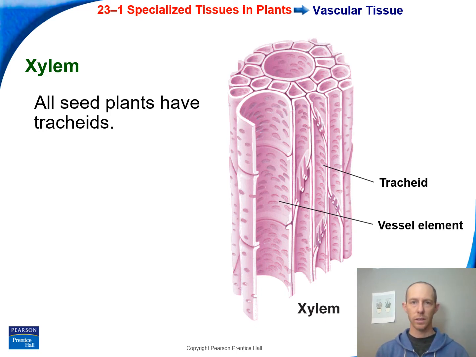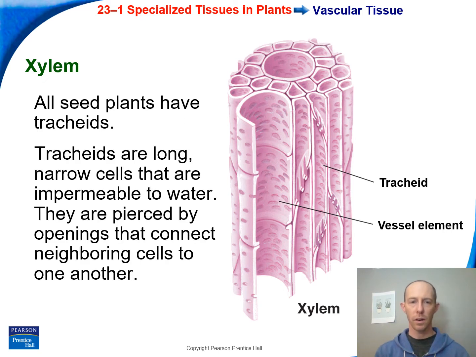These cell walls have holes in them, so they're perforated. So water goes from one tracheid to the next through those little perforated openings. There are little tiny openings in those walls between them.